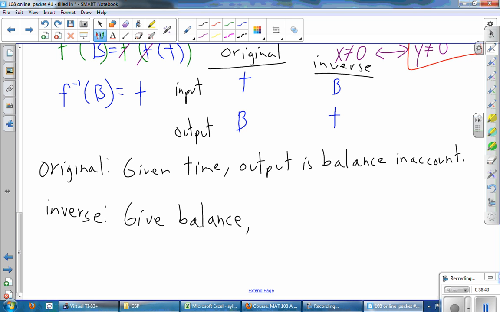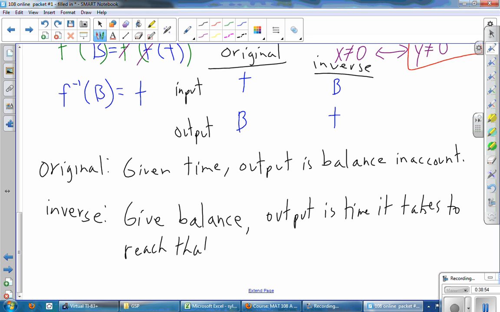And then the output is the time it takes to reach that balance. So go in the other direction.